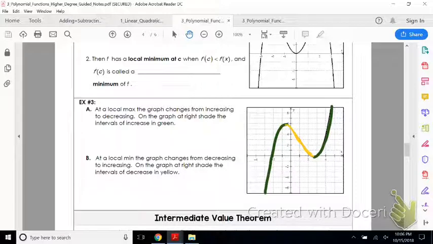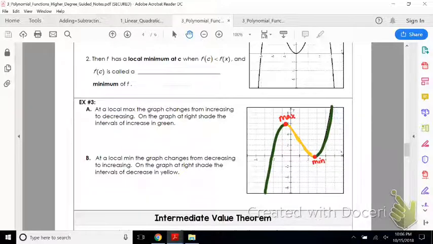And so we can see where the change, they didn't say it here, but this is what they're building at. The change from increase to decrease is a maximum, and the change from decreasing to increasing down here was our minimum. All right, so I'm going to save the rest of this 2.3 for Wednesday and Thursday.